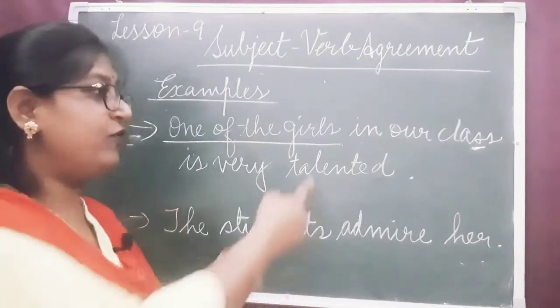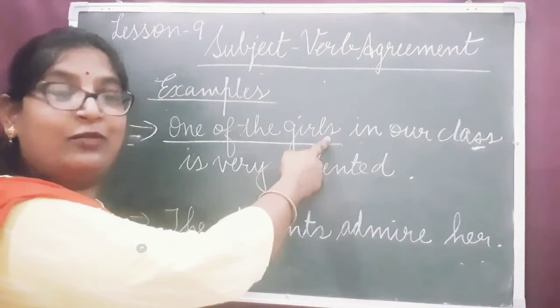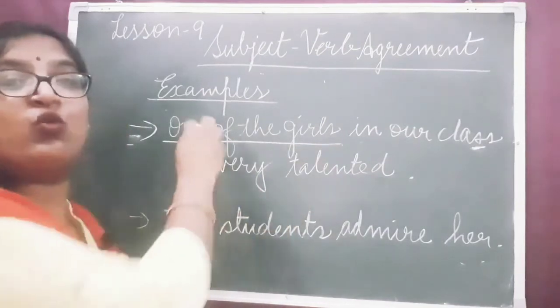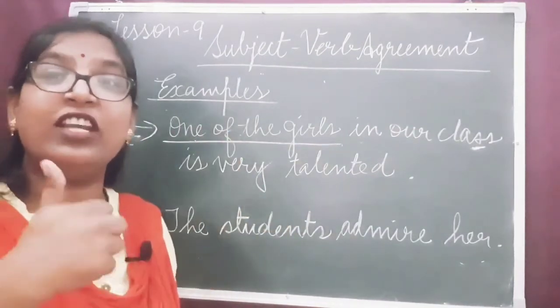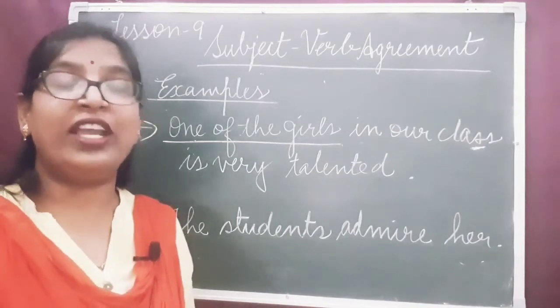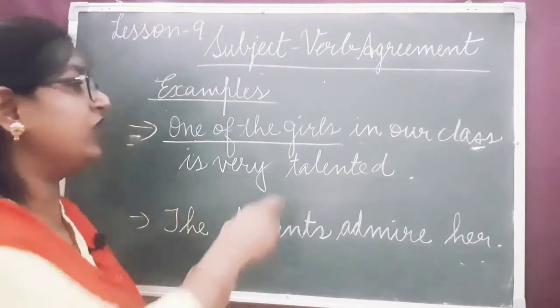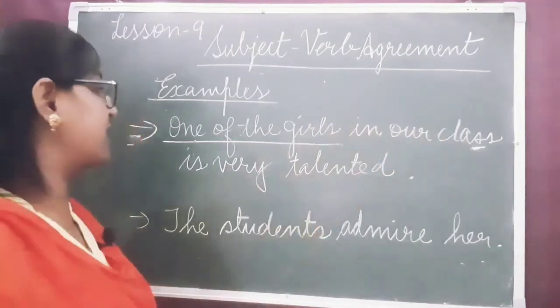Don't get confused. Girls is in plural, but we are talking about one girl. Out of many, we are talking about one girl. So, the subject is singular in number. One of the girls in our class.